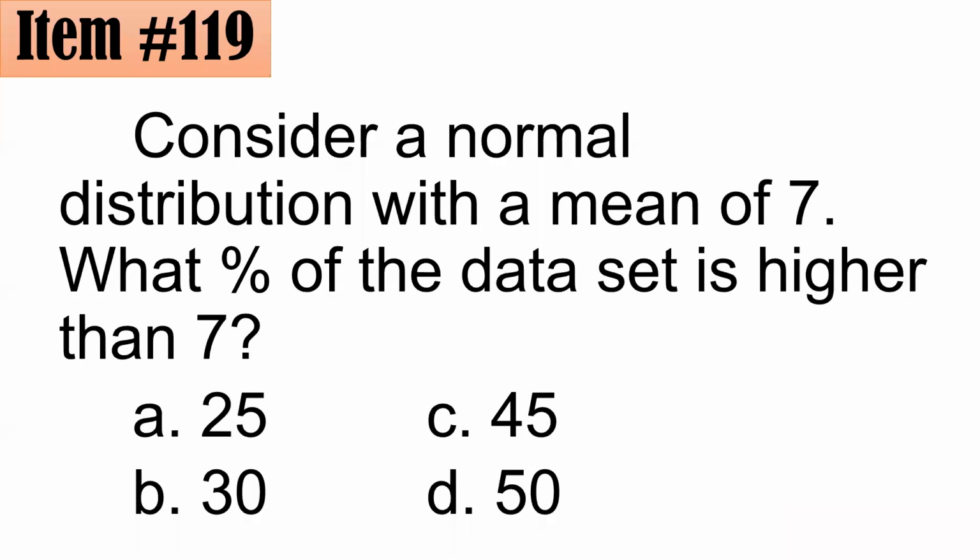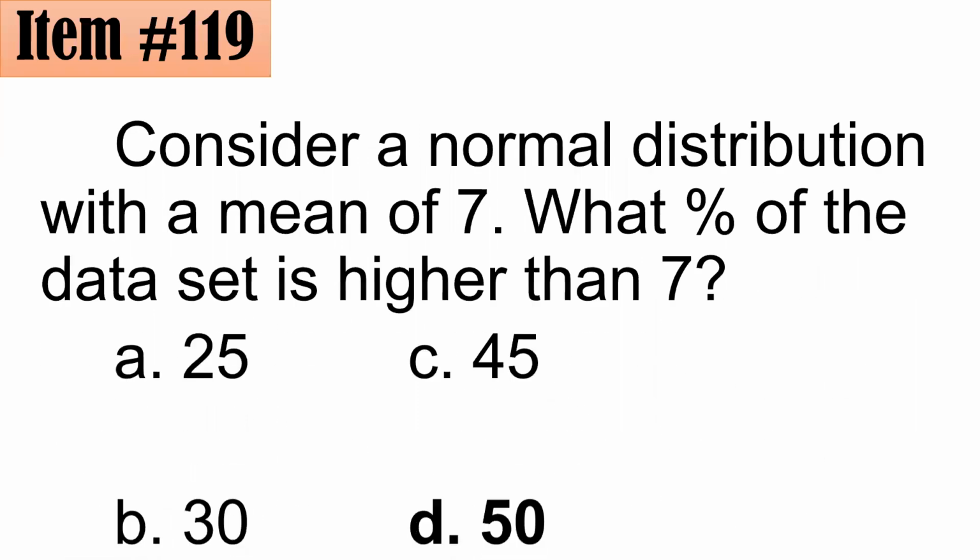119. Consider a normal distribution with a mean of 7. What percent of the data set is higher than 7? Is it 25, 30, 45, or 50? Okay, so many of you answered letter D, 50%. And if you answered 50%, you should be proud because you got it right.